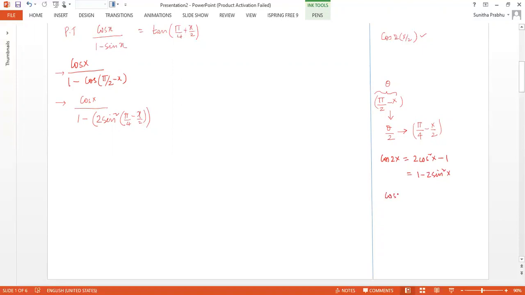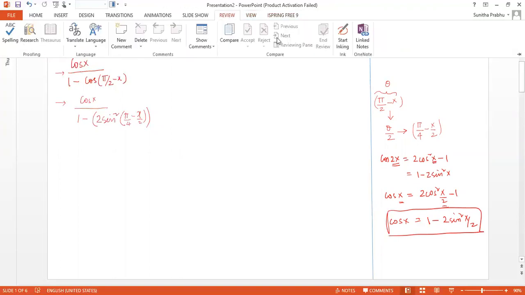Therefore, the formula for cos x will be 2 cos square x by 2 minus 1, or cos x is going to be 1 minus 2 sine square x by 2. So we have to use this one, right, Keshav? Yes, sir.